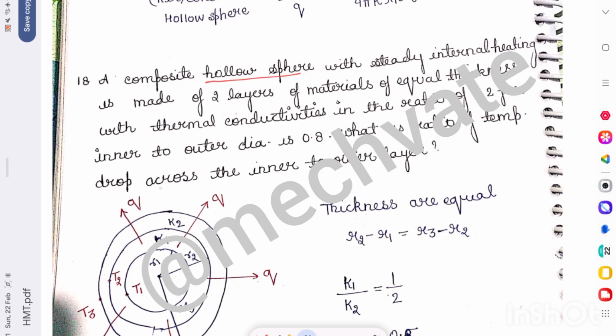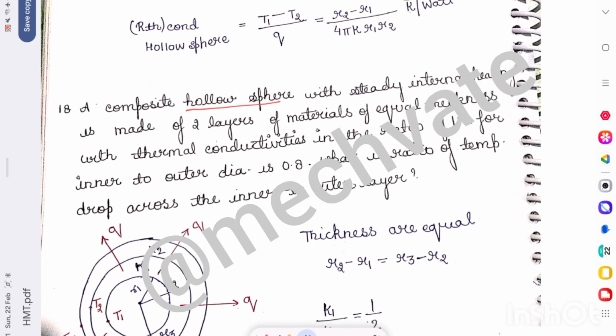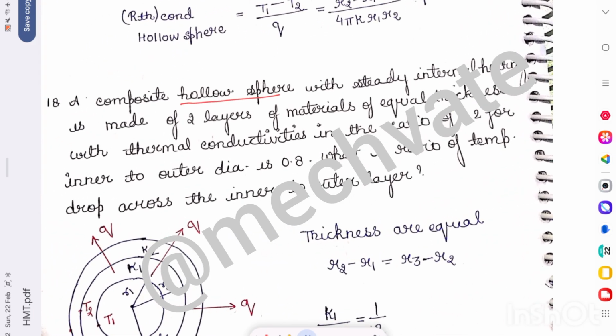What is the ratio of the temperature drop across the inner and outer layers? So a composite hollow sphere is made of two layers, and this is the diagram.